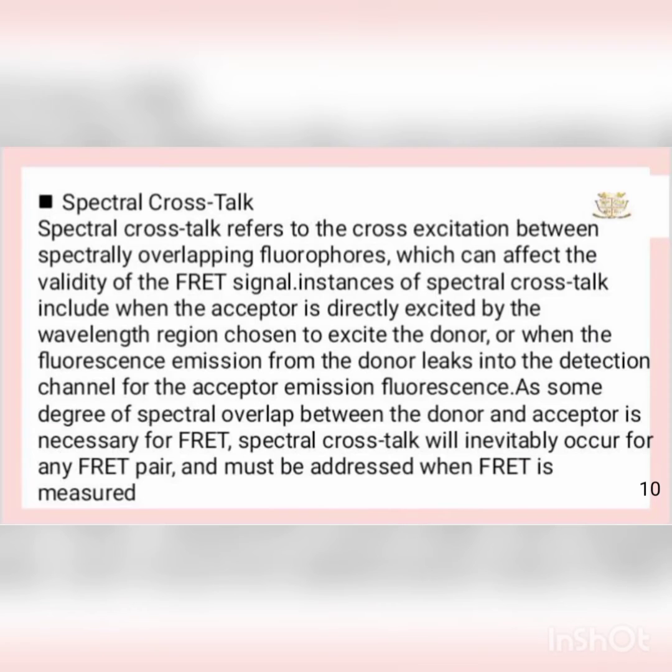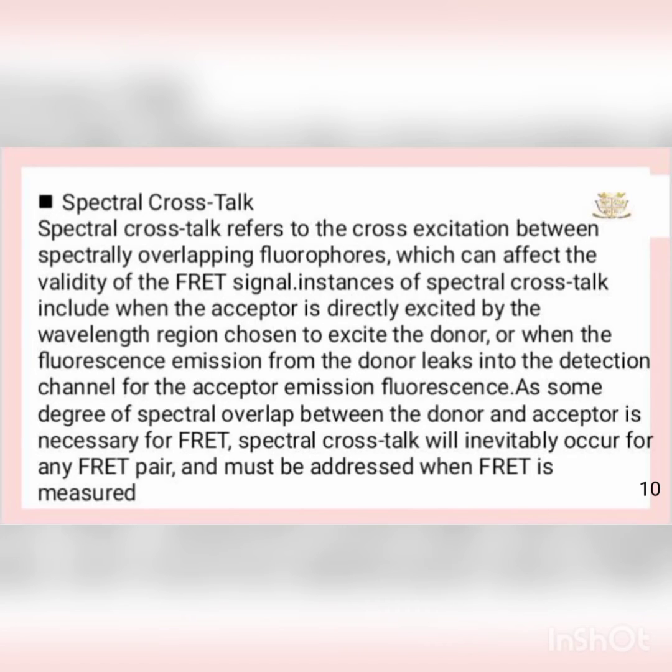Third one is spectral crosstalk. It refers to the cross excitation between spectrally overlapping fluorophores, which can affect the validity of the FRET signal. Instances of spectral crosstalk include when the acceptor is directly excited by the wavelength region chosen to excite the donor, or when the fluorescence emission from the donor leaks into the detection channel for the acceptor emission fluorescence.